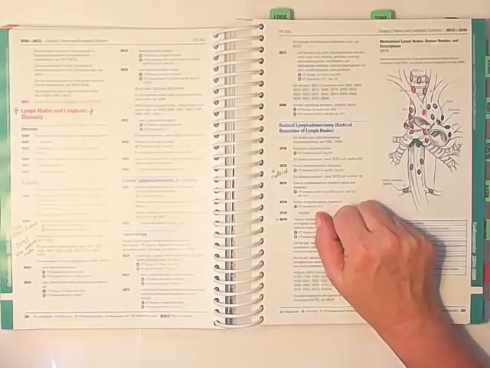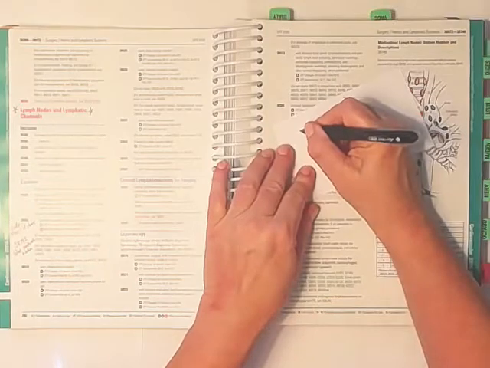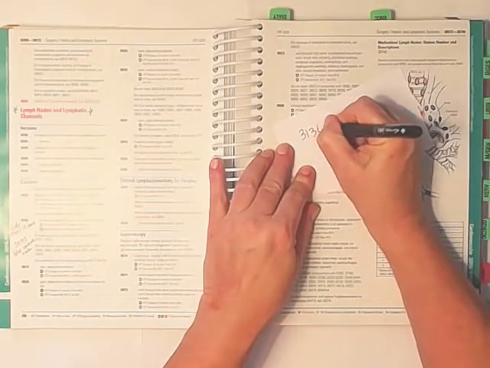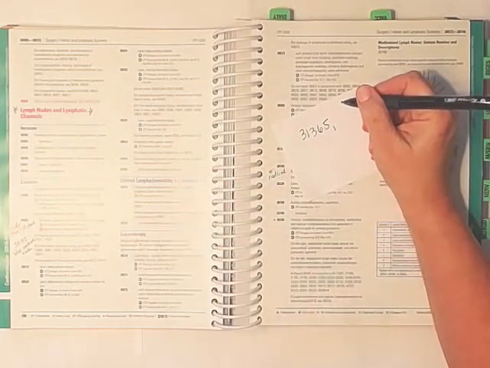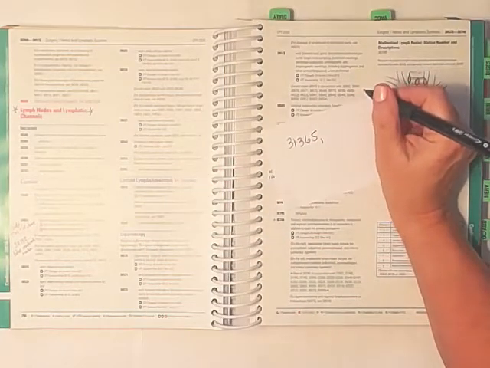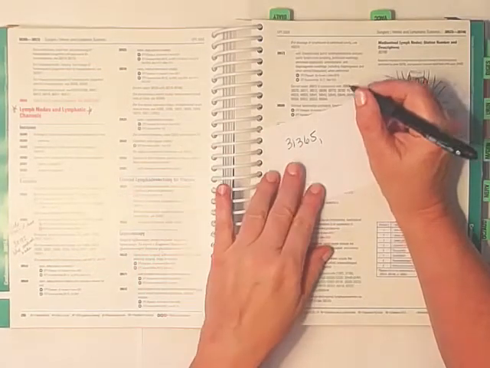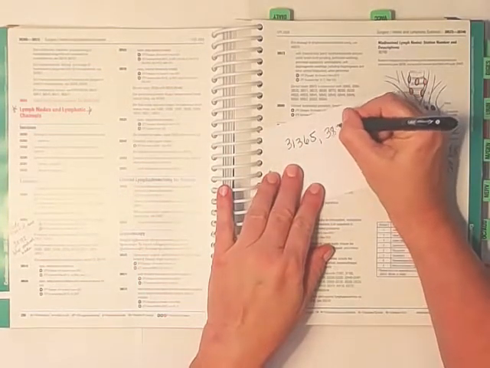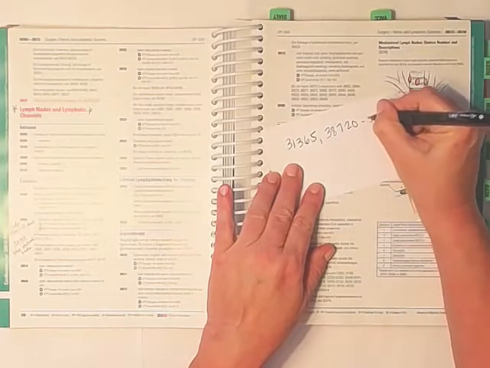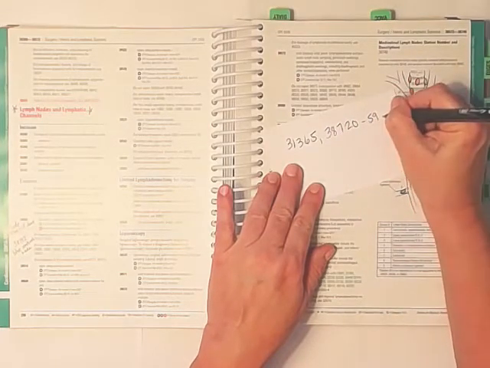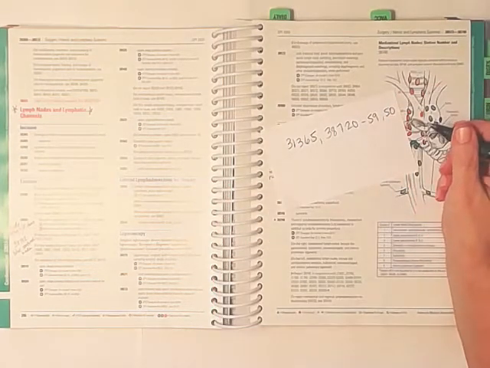So how that would be written would be 31365. That's the reason they showed up, was for that laryngectomy. Then they did also have to remove that lymph tissue. So that would be 38720-59-50.